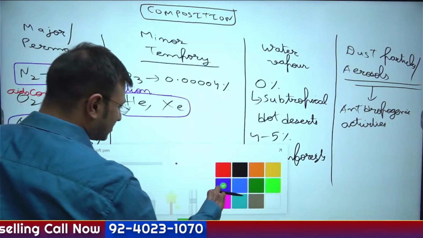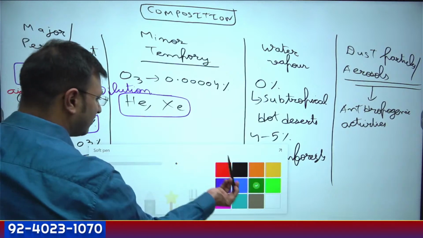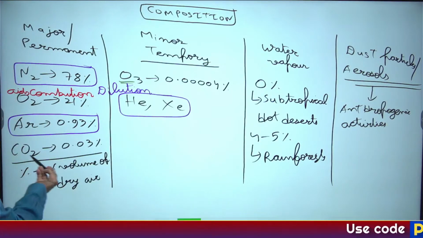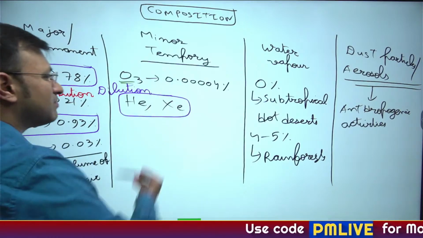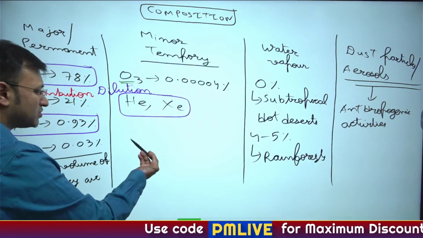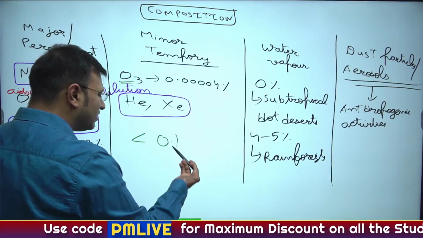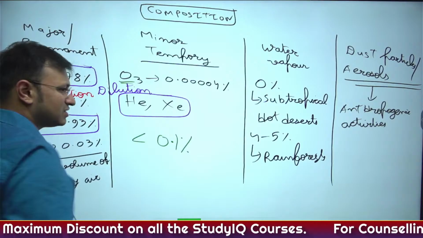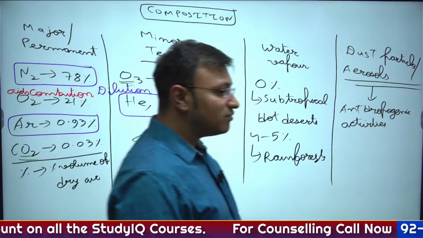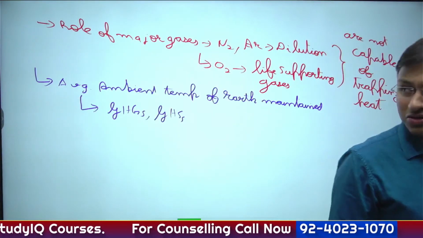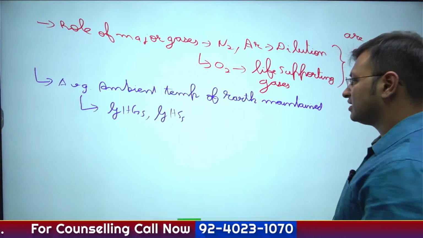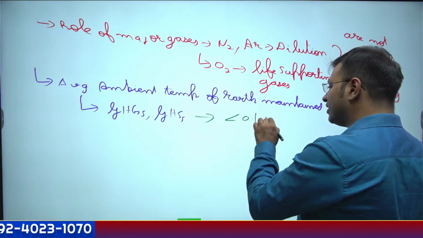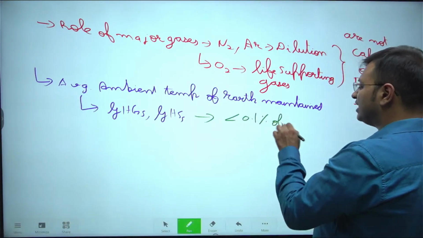The greenhouse gases and the greenhouse substances we have are ozone, we have CO2. If you see their combined proportion, it is less than 0.1%. It is less than how much? It is less than 0.1%, right? So in a nutshell, the greenhouse gases, the greenhouse substances, they make less than 0.1% of the atmosphere.